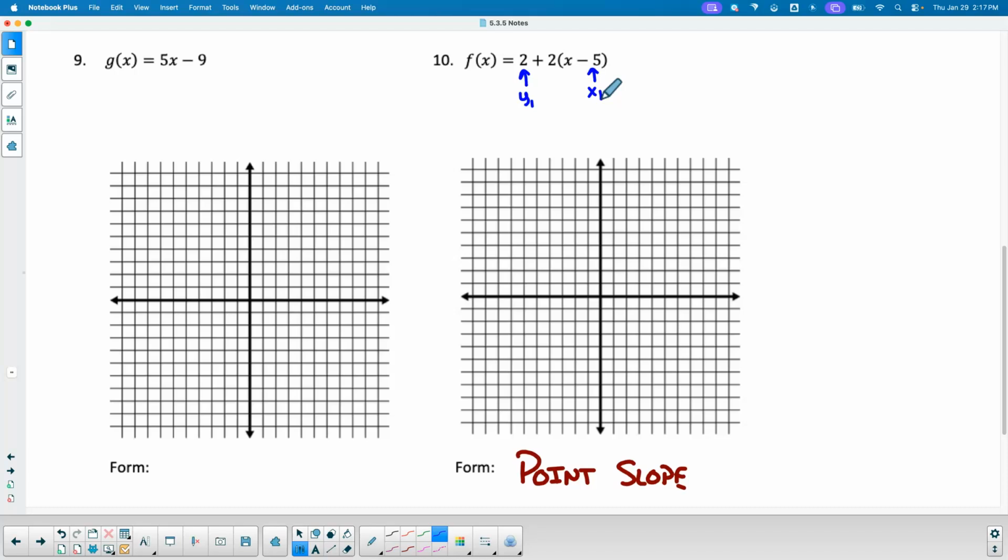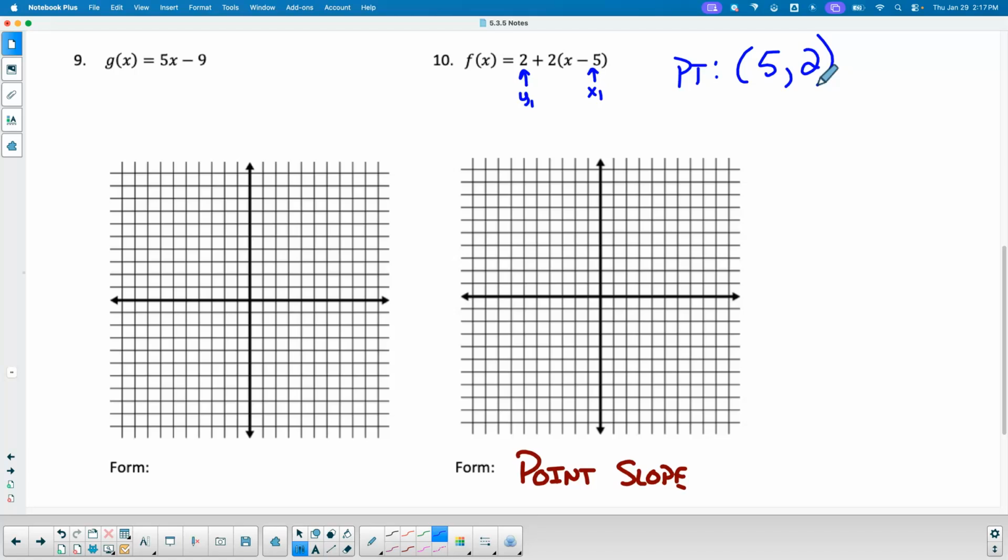Oppositely, right? So to me, I see negative 5 there. Do you agree? Okay, so I would think oppositely just on x. So the point that this one's going to go through is going to be 5, 2. I just think oppositely on x. Okay, so that one went through the point 5, 2. So we plot the point 5, 2.